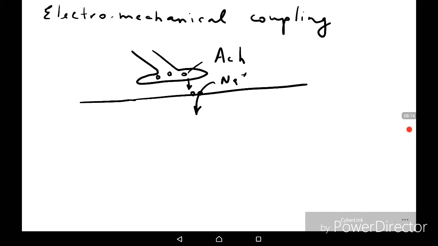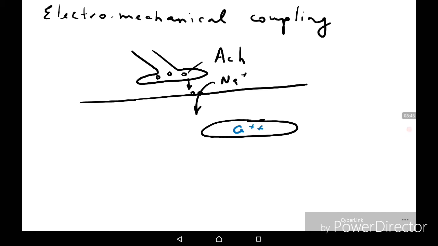This depolarization activates the calcium channels, which may be found on the sarcoplasmic reticulum, that is the depot, that is a source of calcium.